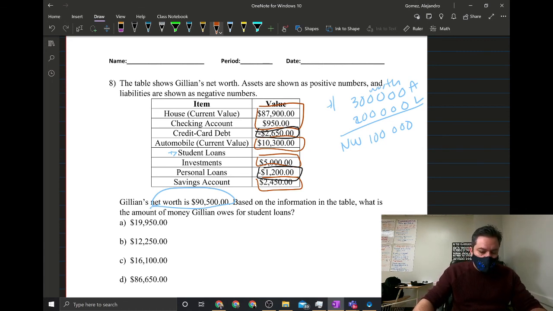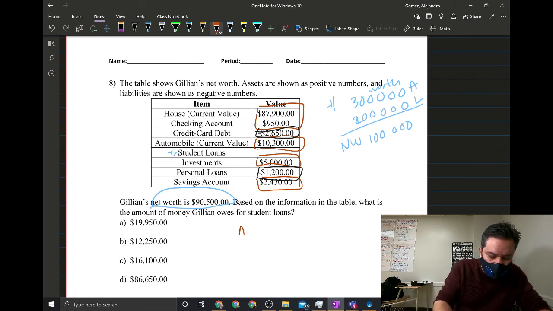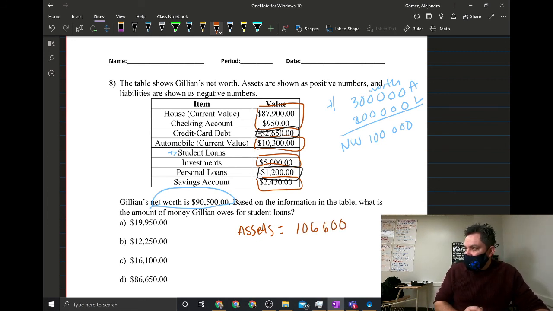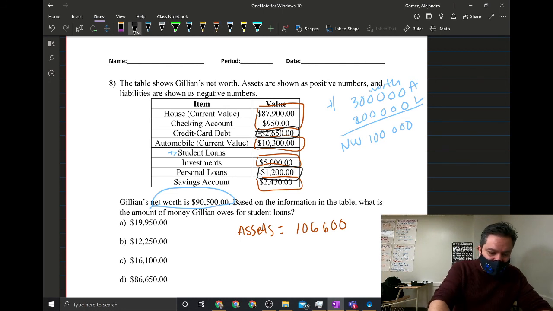Okay, so all of the right ones together, those are going to be my assets. It's going to be $106,600.